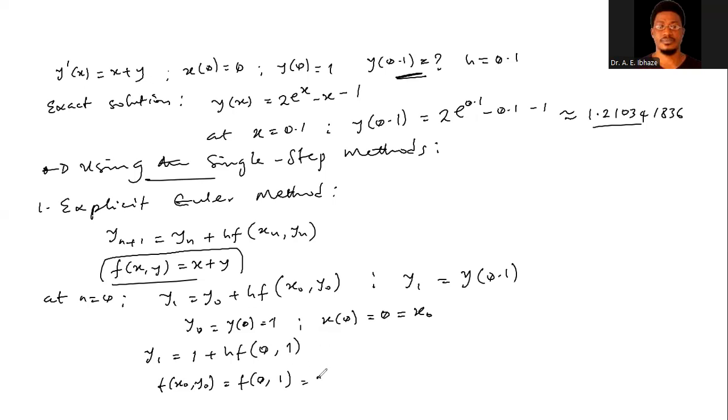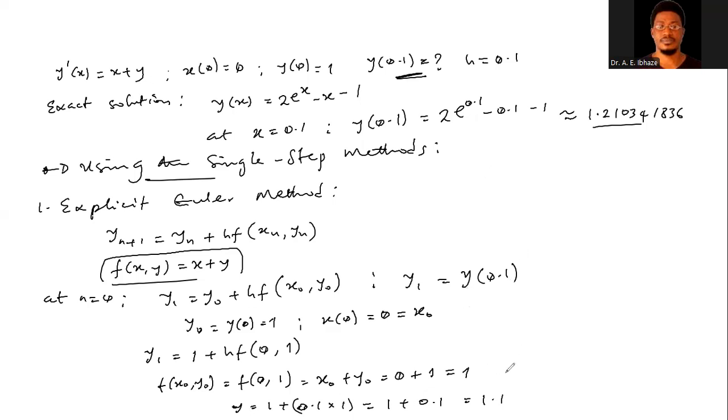This is the same as S0 plus Y0, which will be 0 plus 1, which is the same as 1. Hence, Y1 will be the same as 1 plus the time step h, the step size, 0.1 times f of 0, 1 times 1. This will be 1 plus 0.1, which is the same as 1.1.